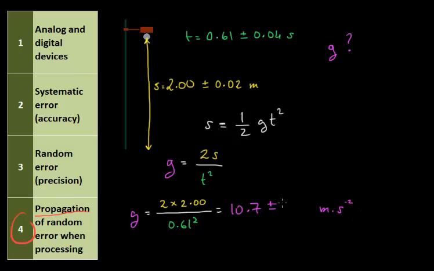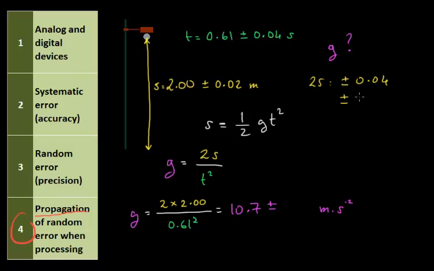But now we have a question: what is the uncertainty of that 10.7 figure? So first, let's figure out the uncertainty up there. We have 2s, so we just multiply the absolute uncertainty by 2, and we know that 2s has an absolute uncertainty of plus or minus 0.04 and a relative uncertainty of 0.04 divided by 4, because 2s is equal to 4.